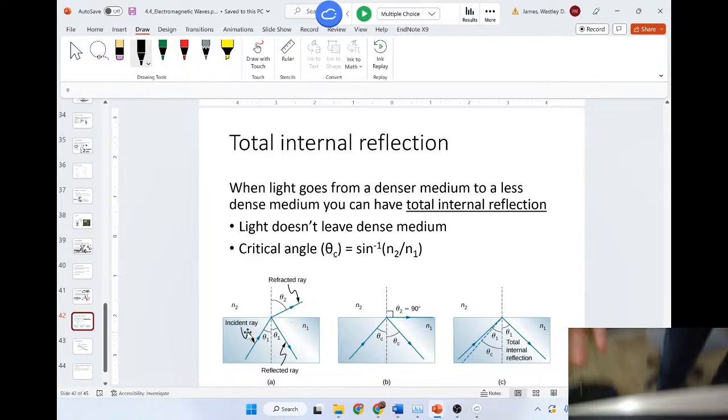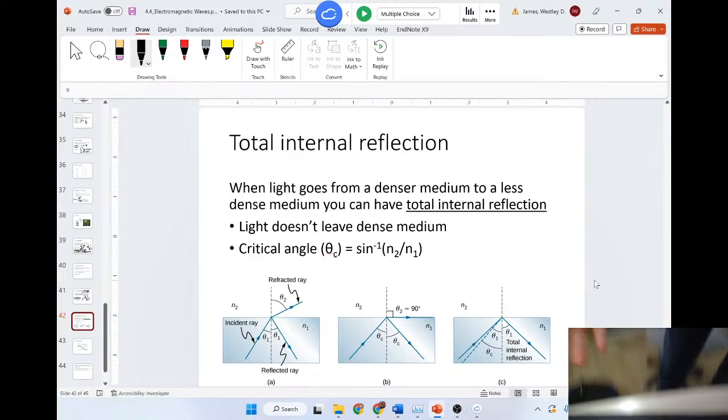As the incident angle gets bigger, this refracted angle goes down and down and down. At some point it hits this and it can't go any lower, at which point the light doesn't pass through at all.